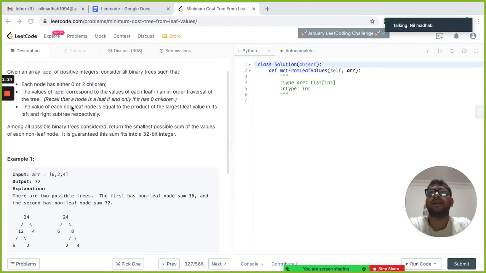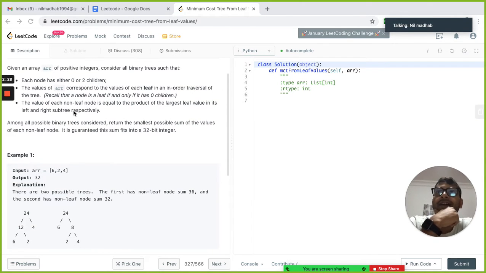So each node can have 0 to 2 children, that point is clear. I didn't get the values of the array correspond to the values of each leaf in an in-order traversal of the tree. Okay, so they are in the same order.